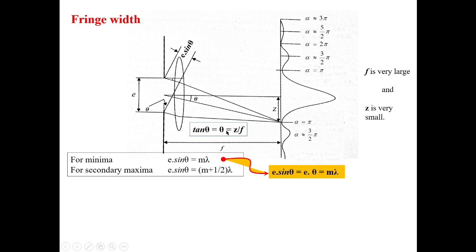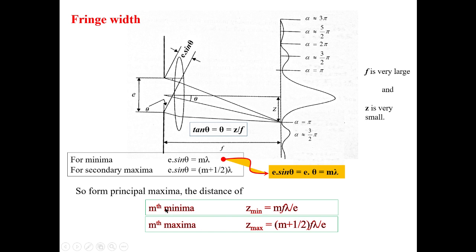If we put the value of theta as z by f here, we can find the conditions. For mth minima, z minima will be m f lambda by e, and for maxima, the same will be m plus half f lambda by e. So we can find the positions of maximas and minimas.